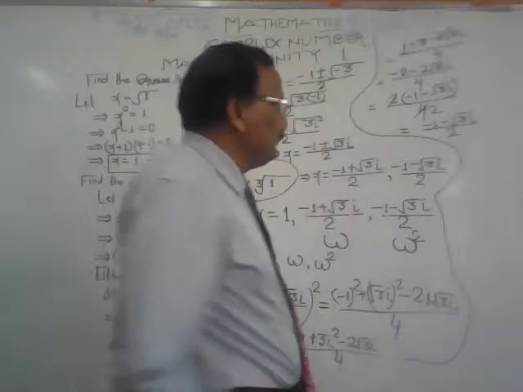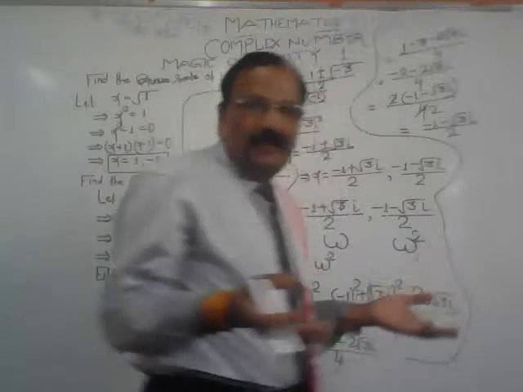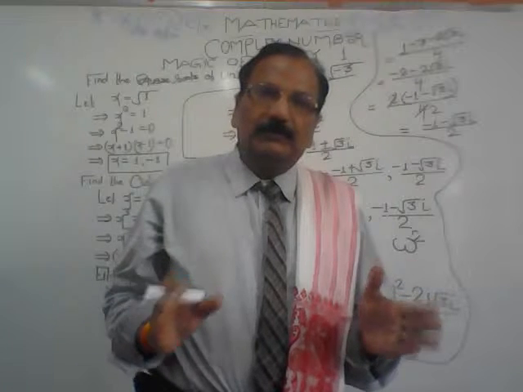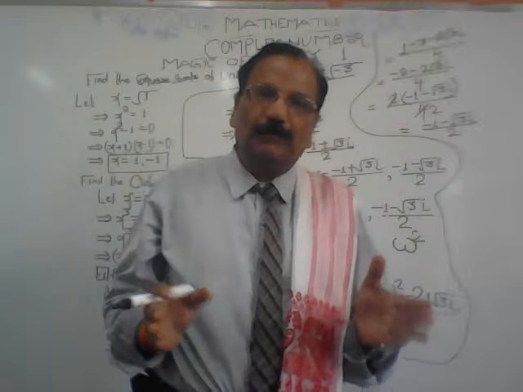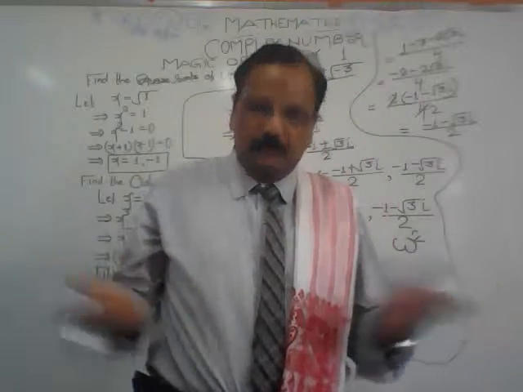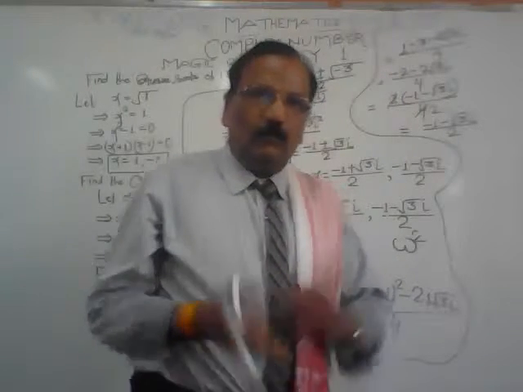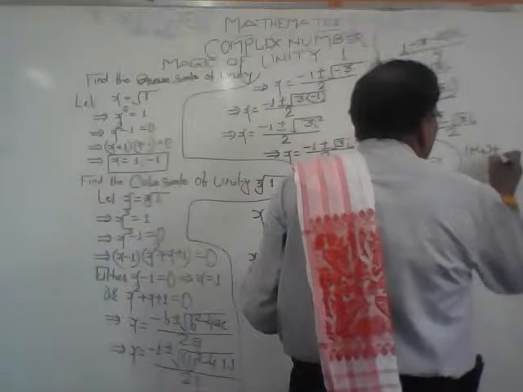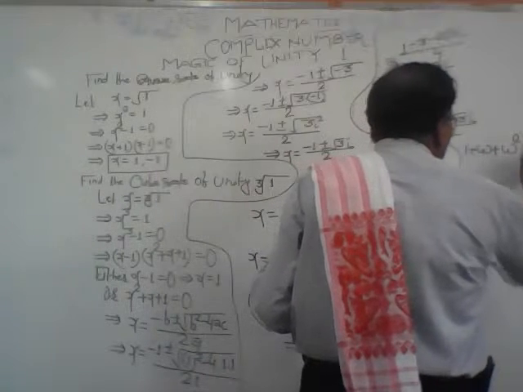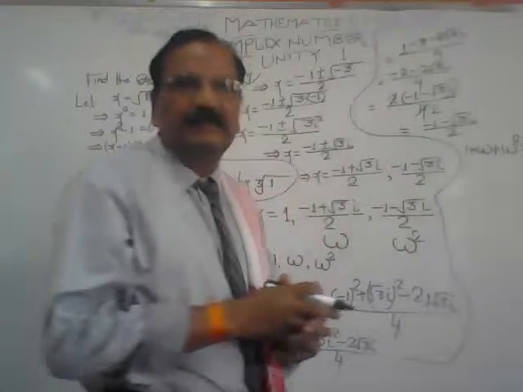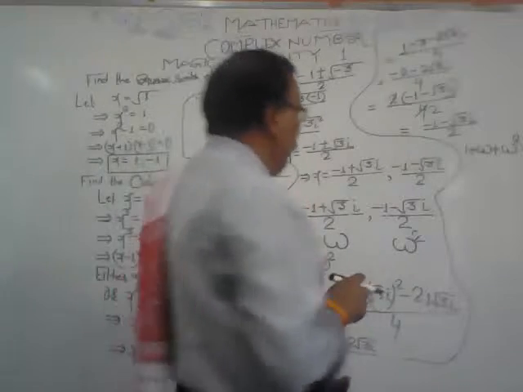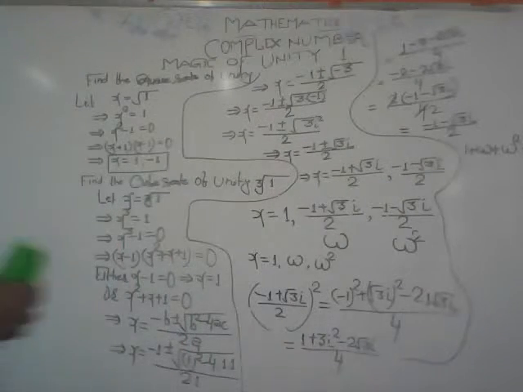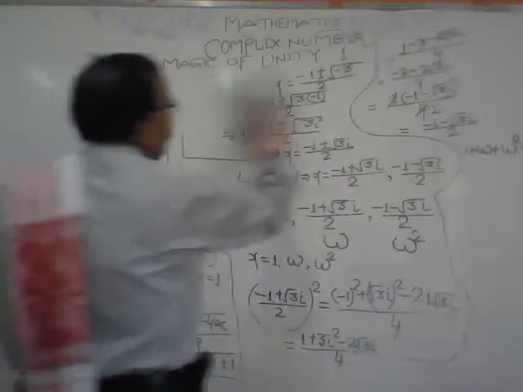The next property is that the sum of all three cube roots of unity is equal to 0. 1 plus omega plus omega squared is equal to 0. See how it gives the result 0.